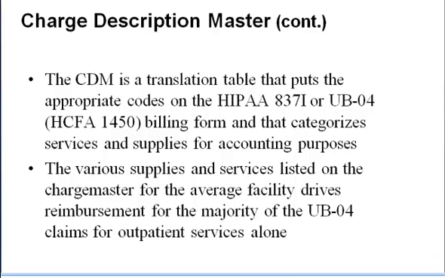It's a translation table that puts the appropriate codes on the claim form and categorizes services and supplies for accounting purposes. Various supplies and services that are listed for average facilities then drives reimbursement for the majority of UB04 claims for outpatient services.